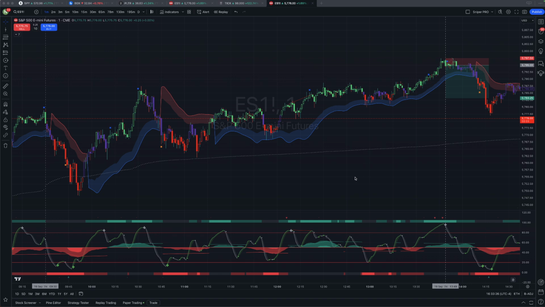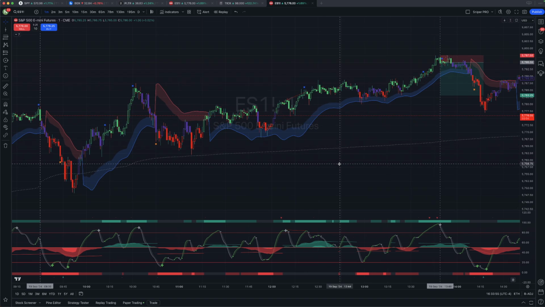The thing I love about this new Sniper Pro setup is that I can have both the Sniper 1.0 reversal trades and the Sniper 2.0 continuation trades on the exact same chart. And we have some additional information that helps inform these trades and just makes them a little bit more reliable. And so I'm going to go over those.